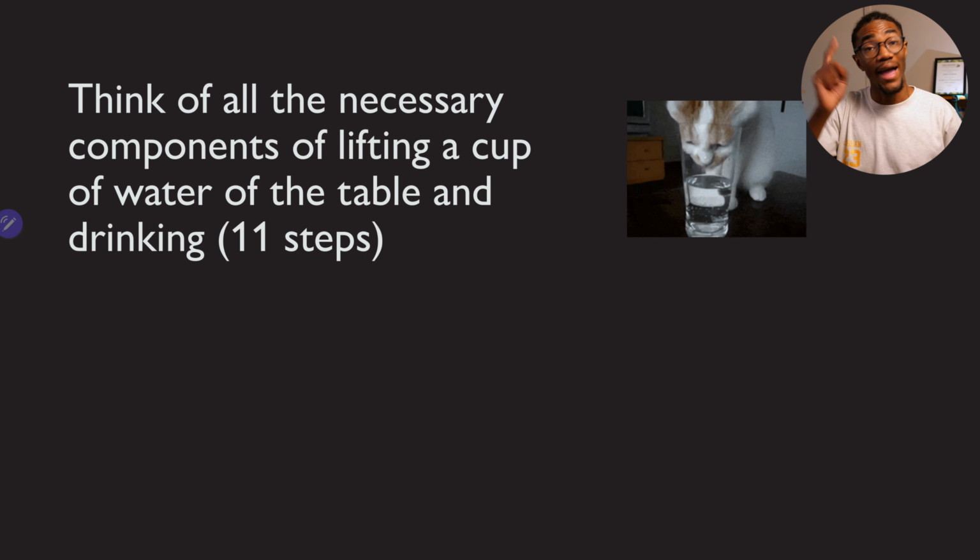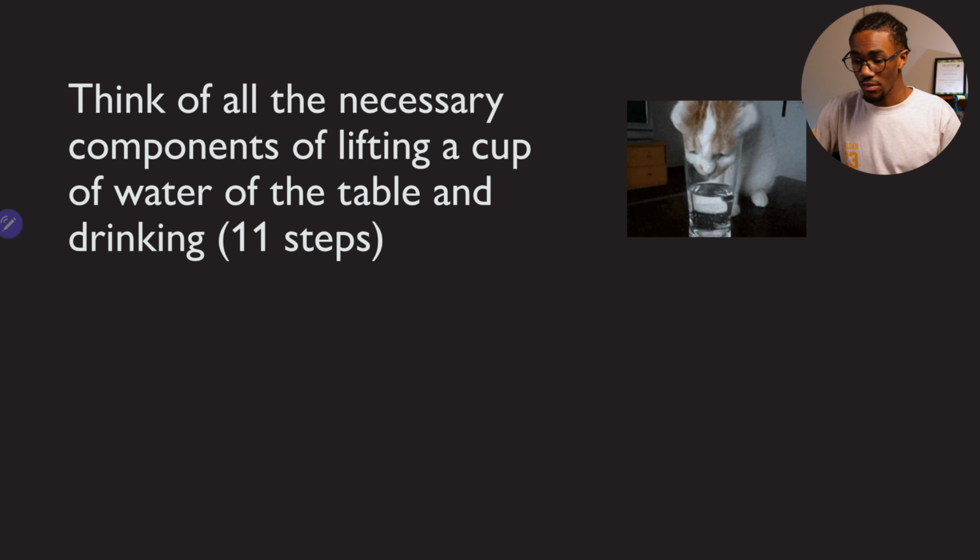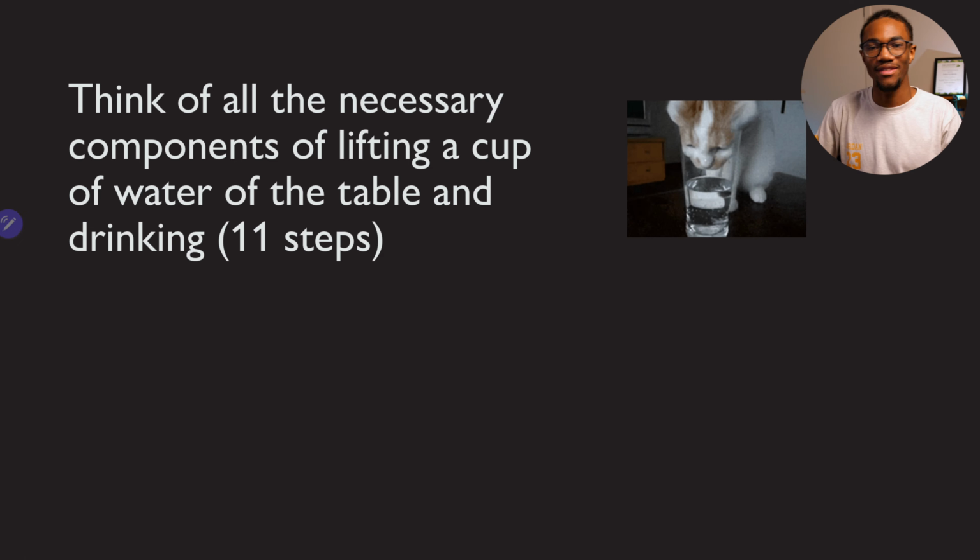Okay, we're back. You better have paused the video. So what are the 11 steps? I've got my cup of water here, in front of me like this. First, I have to lift my shoulder up, straighten my arm, open my hand, move my shoulder and trunk forward to reach the cup.